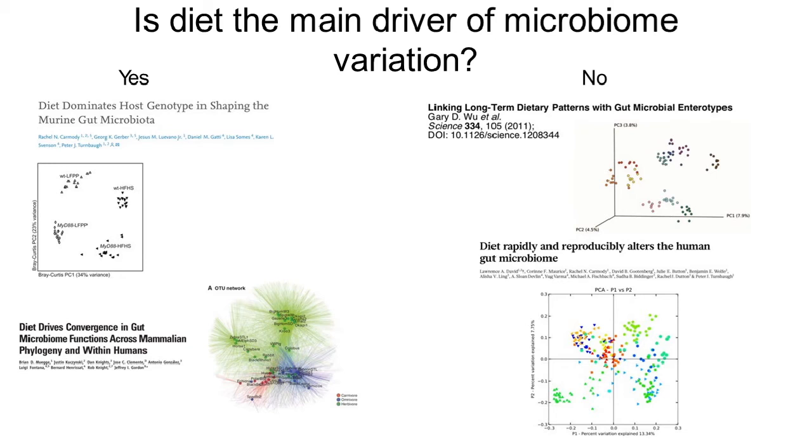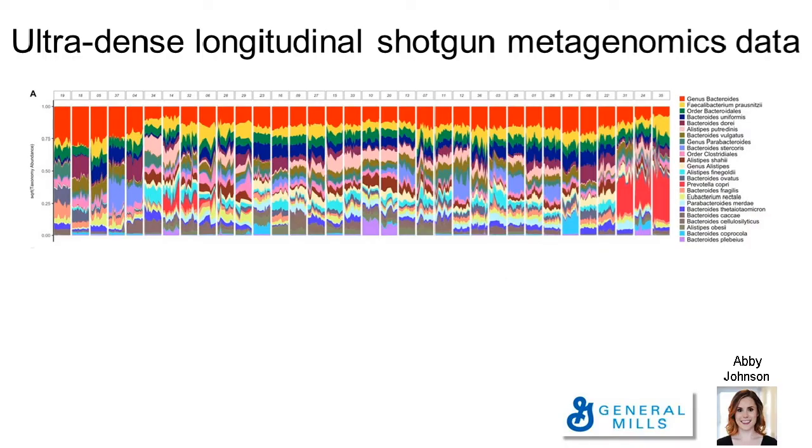So I want to walk through this case study that came out of my research lab recently, where we tried to answer this question. And then we'll look at how those findings inform how we might want to do study design.